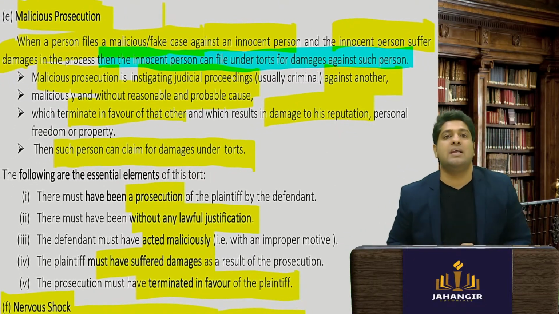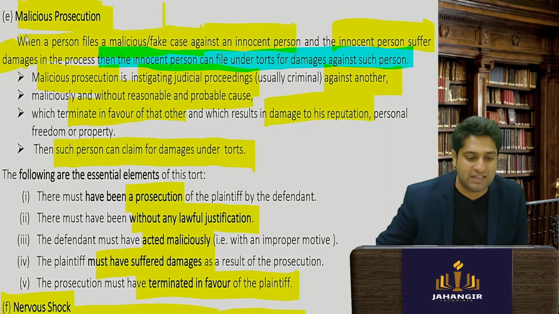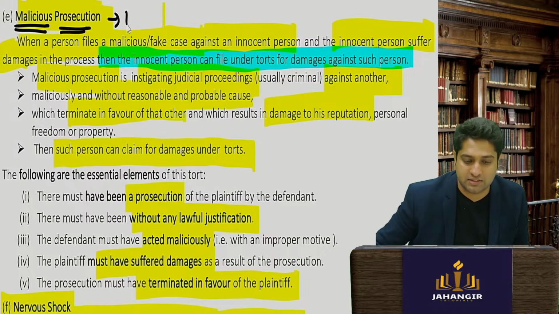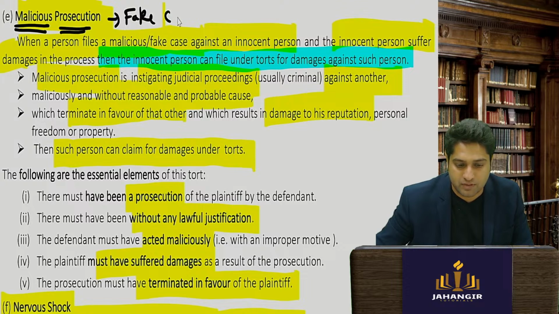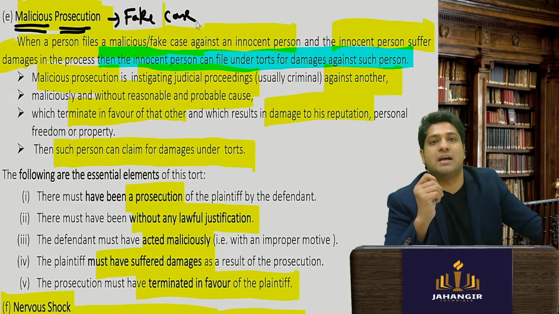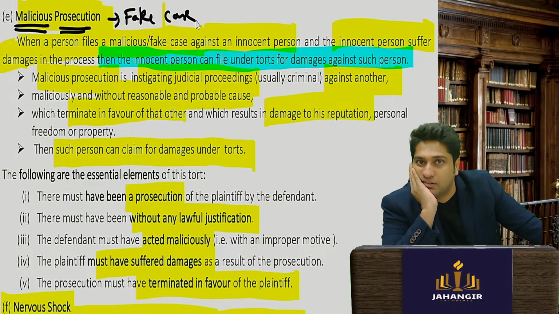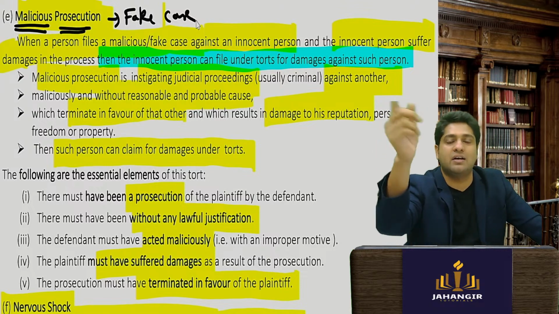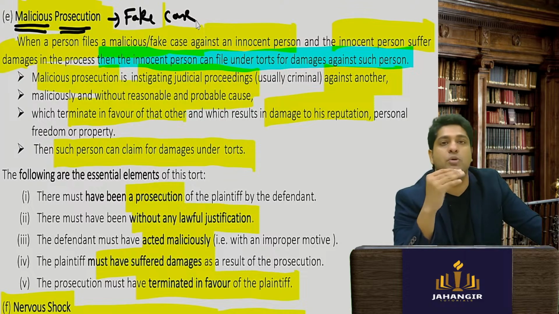Then we see malicious prosecution. Malicious means fake and prosecution means case, so this is about a fake case. For example, if I file a fake case on someone, in the entire society his name would be affected.